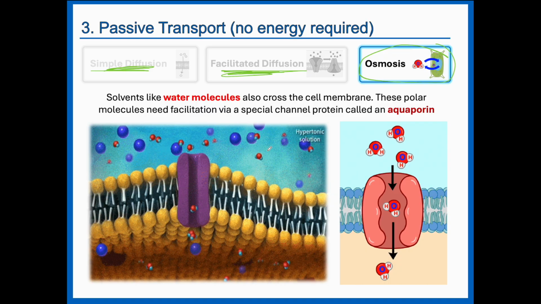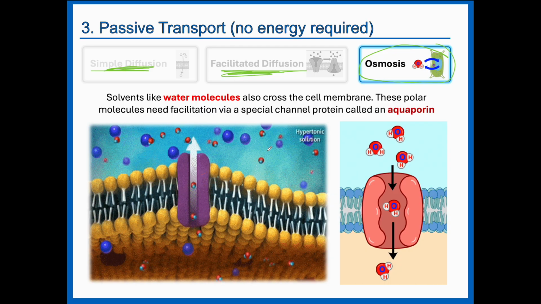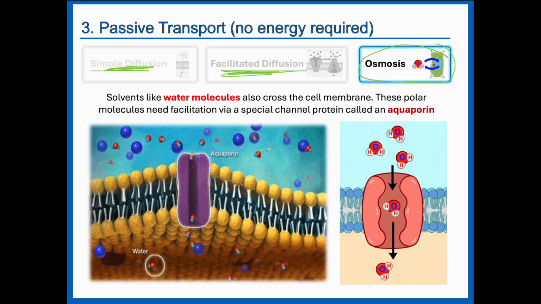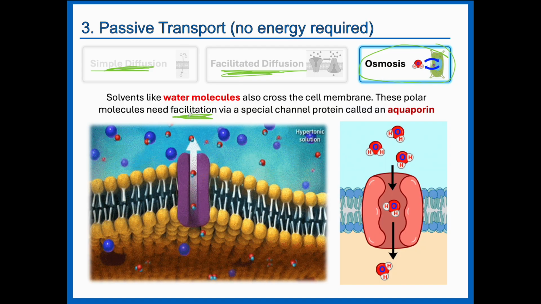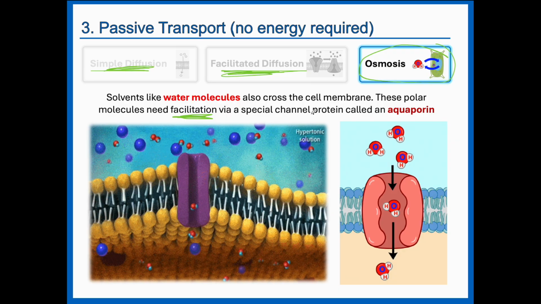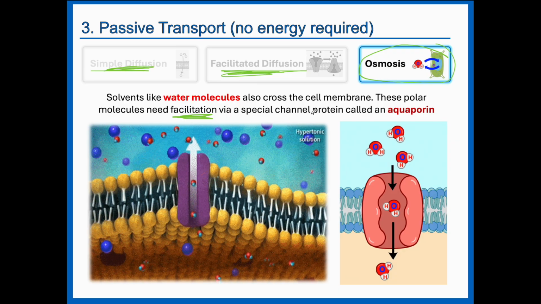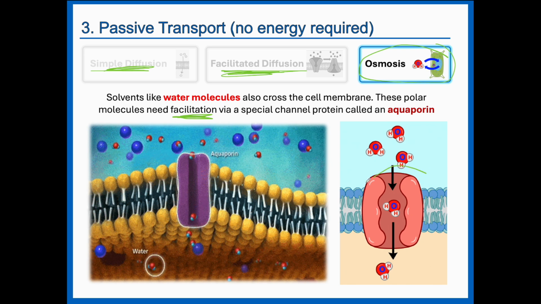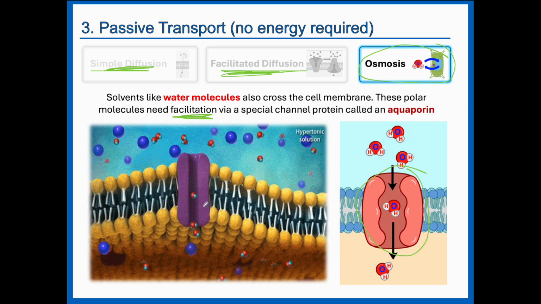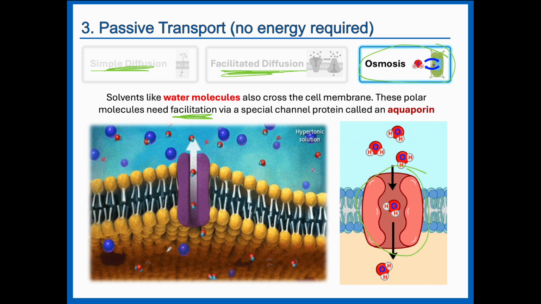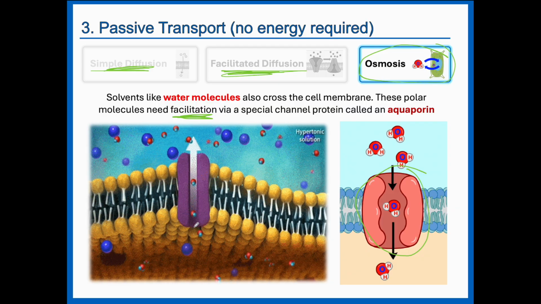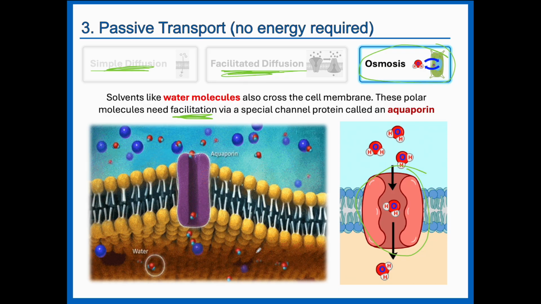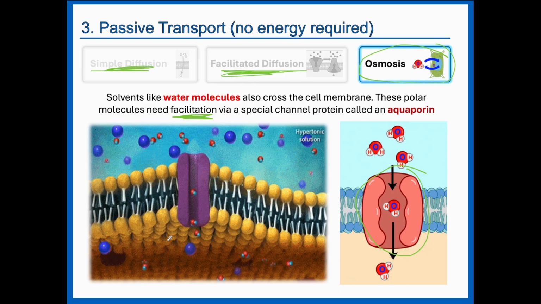So solvents like water molecules also cross the cell membrane, and these polar molecules need facilitation, they need help via a special channel protein that we call an aquaporin. This is an aquaporin over here, okay? And these little water molecules will want to move down their gradient as well, right?